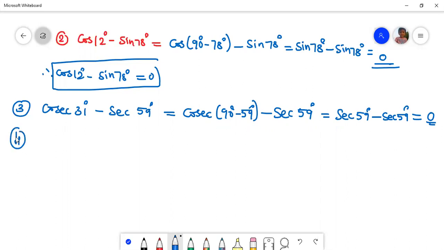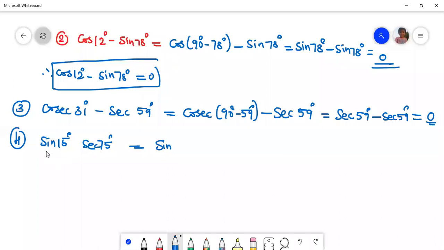Fourth one: sine 15 degrees secant 75 degrees. You can change any one of the complements, either sine or secant.